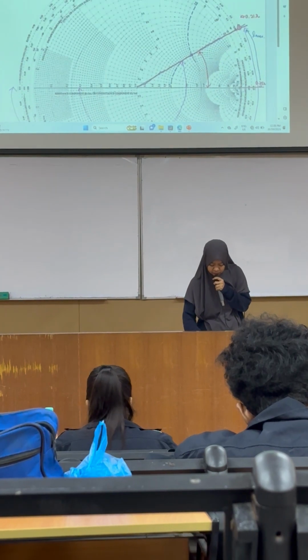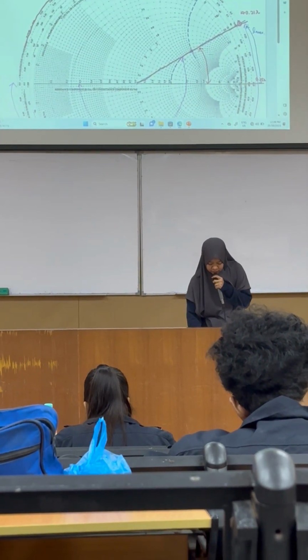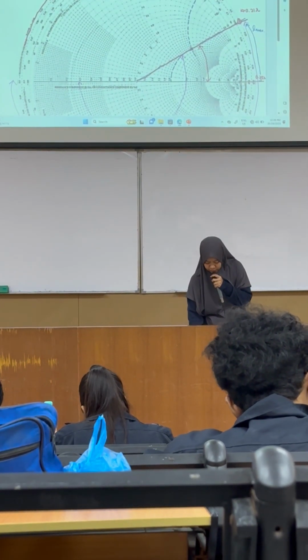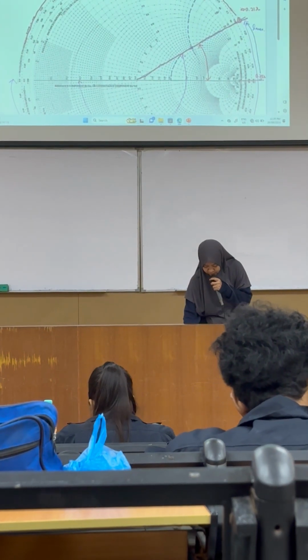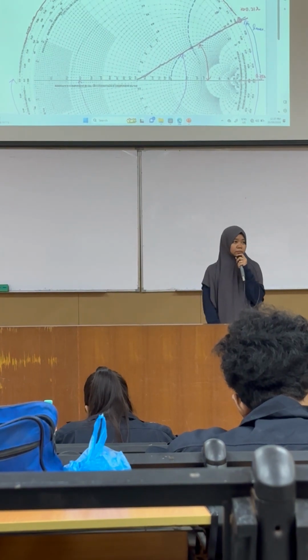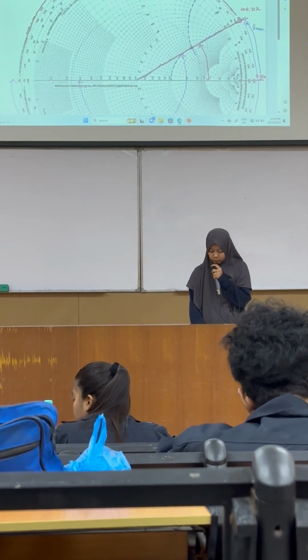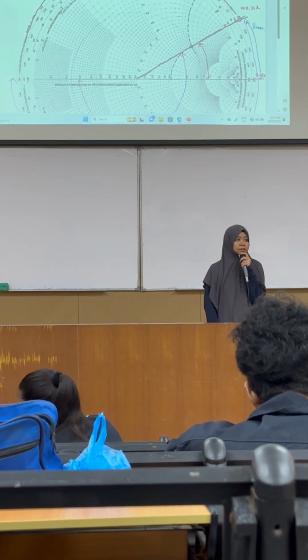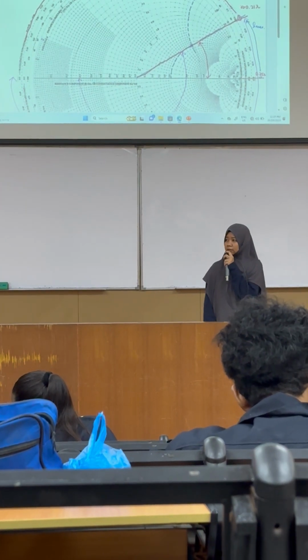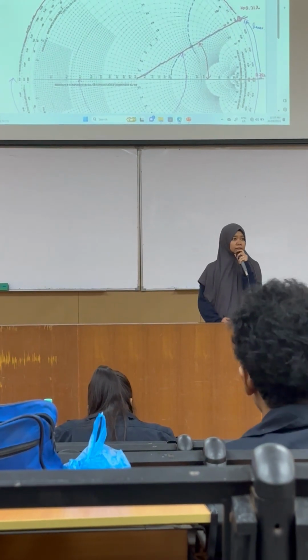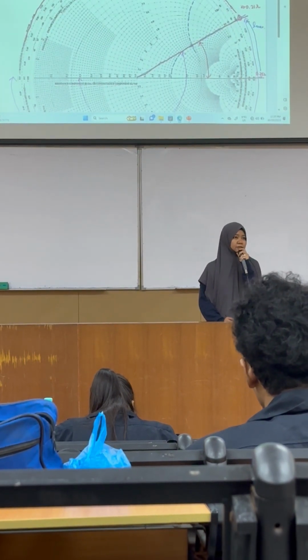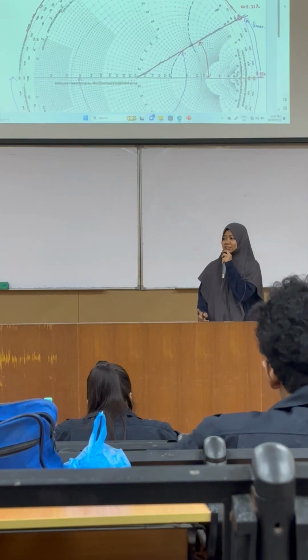Find the value of wavelength at 2 plus j2. So I get 0.21 lambda. Sama macam tadi, betul? Do you get the same value?